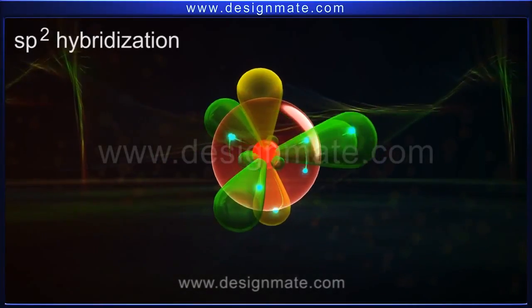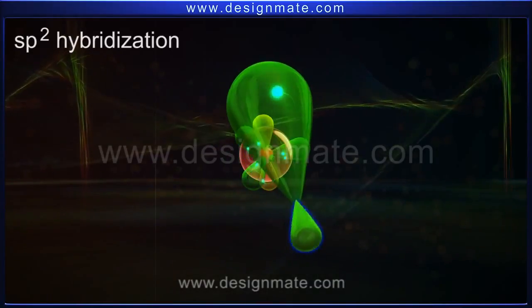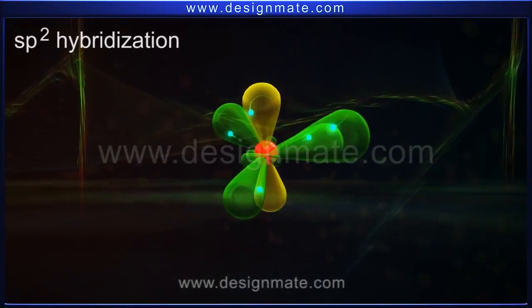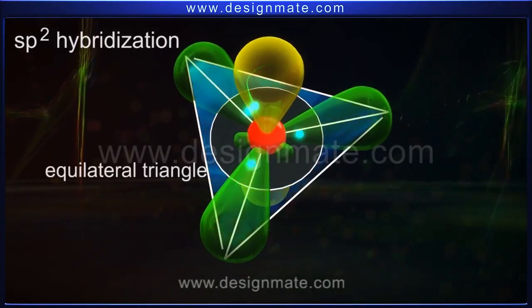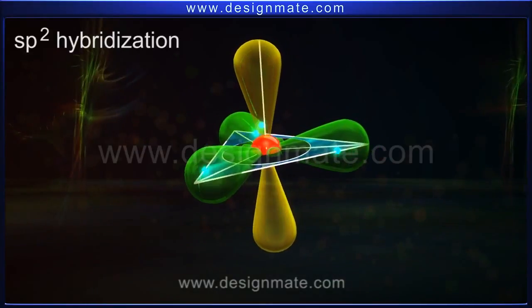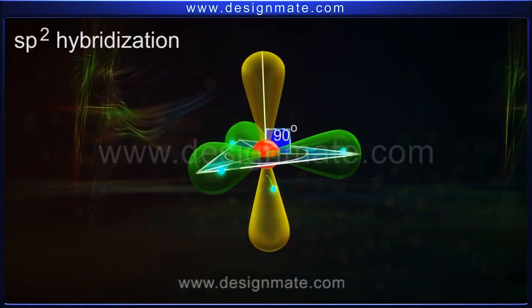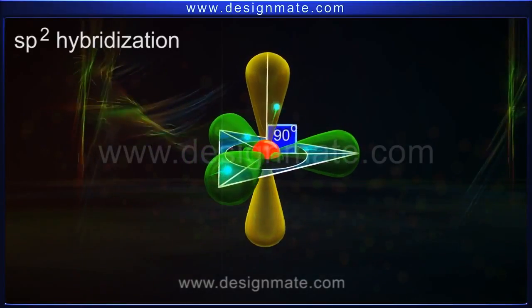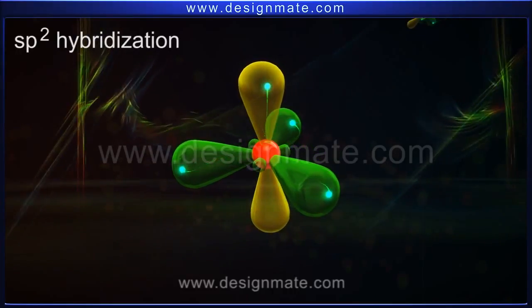As you can see, each sp2 hybrid orbital is also bilobed, one lobe bigger than the other. But the 3 orbitals are directed along the 3 corners of an equilateral triangle. The half-filled p orbital, which was not involved in hybridization, lies at right angles to the plane of the equilateral triangle. This hybridized state results in a double bond.